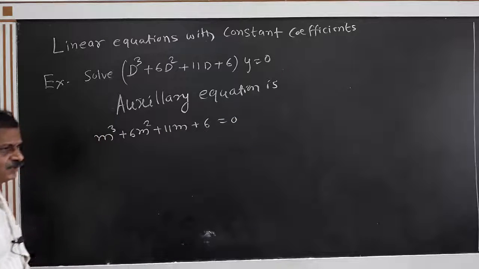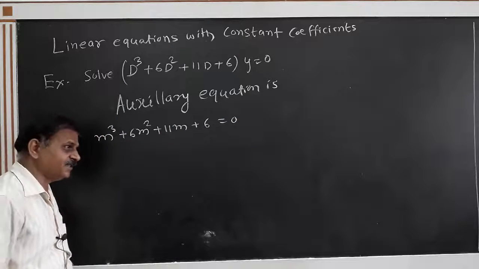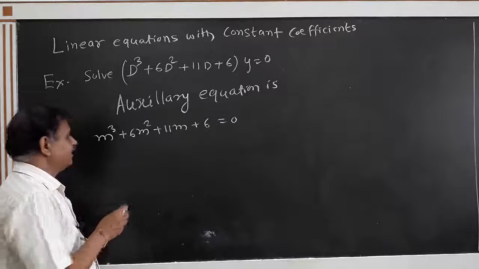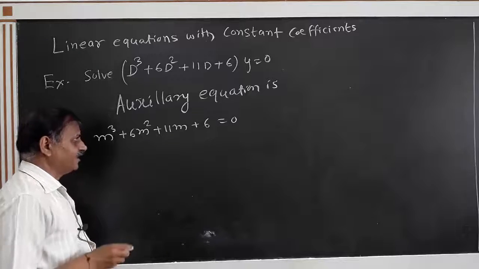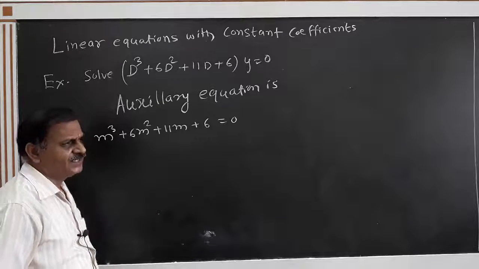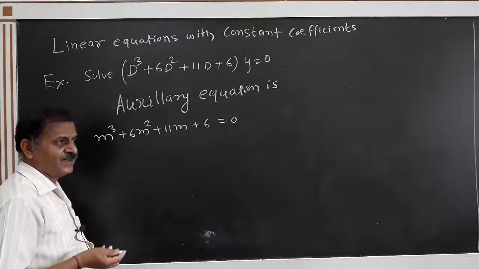For finding a root of this cubic equation, we shall put m equal to 1. But if we put m equal to 1, all terms are positive, it will never become 0. Therefore, we shall try m equal to minus 1.